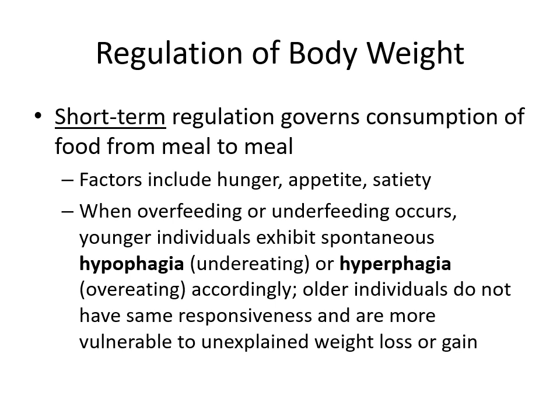If you eat too much at one meal, as long as you have a healthy nervous system and a healthy GI system, you'll then eat less later, or if you're eating too little, you'll be hungry later. If you skip a meal, you'll notice that kids are ravenous. Older individuals, though, do not have the same responsiveness and are more vulnerable to unexplained weight loss or gain, as they're not as sensitive to these signals.